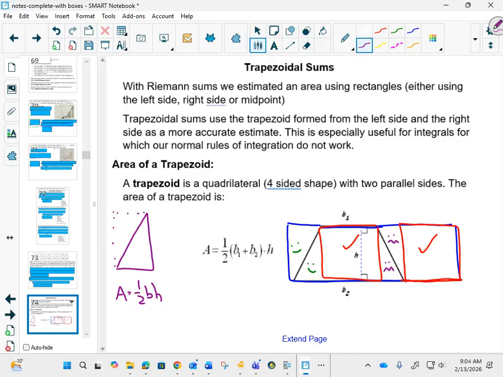So this is 1/2 base times height with the triangle formula. And with a rectangle or a square, your base 1 and your base 2 are exactly the same. So it would be like, let's find out the area of 2 rectangles, and we can find out the area of 1 rectangle by just dividing by 2. What a brilliant idea.